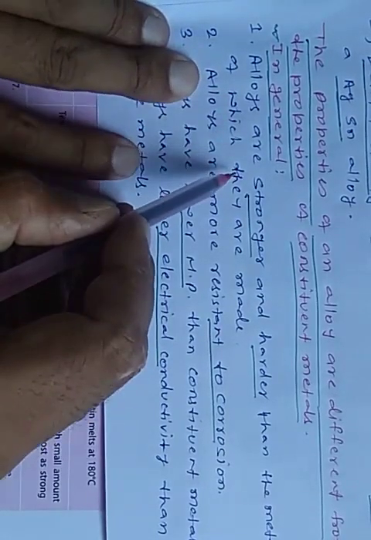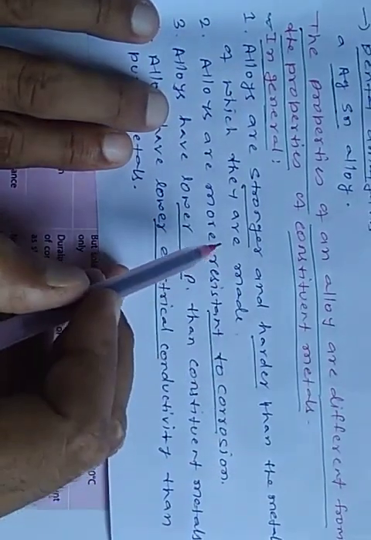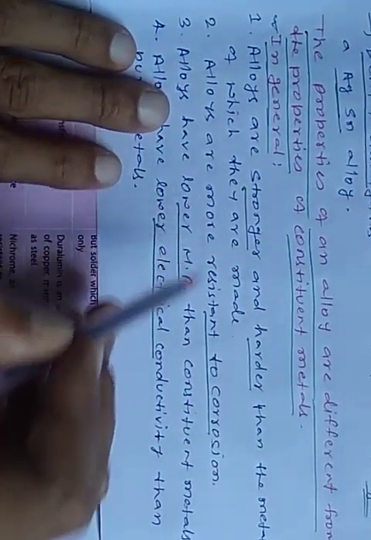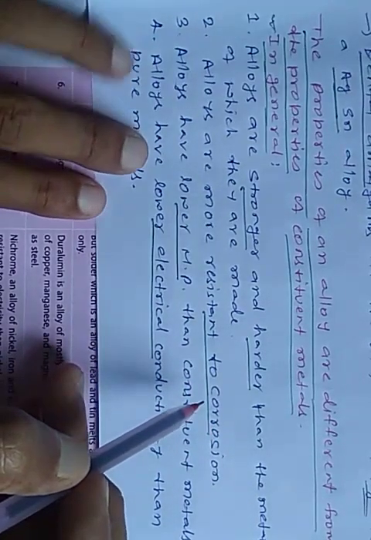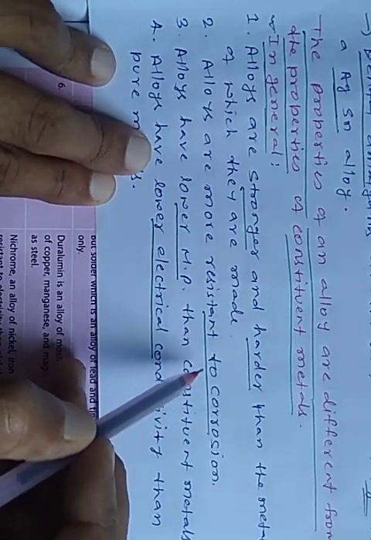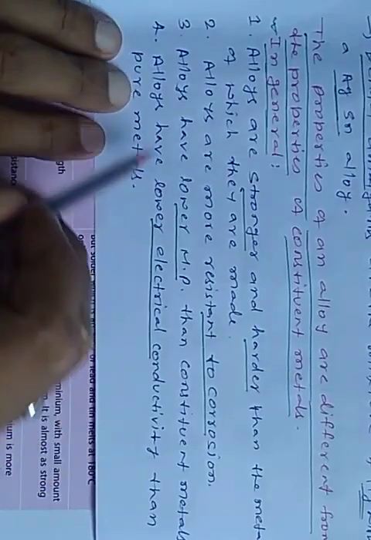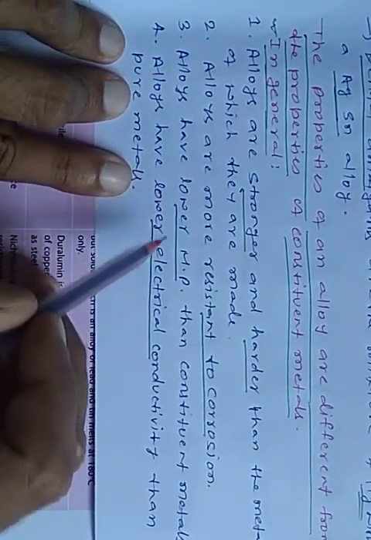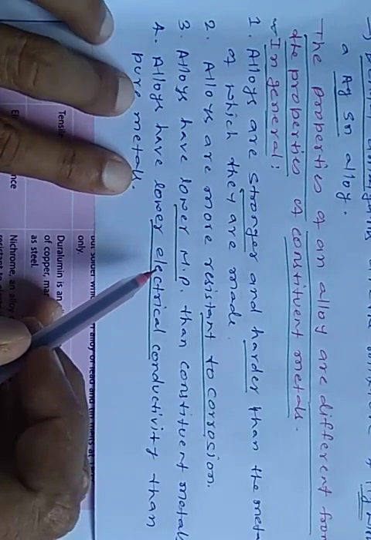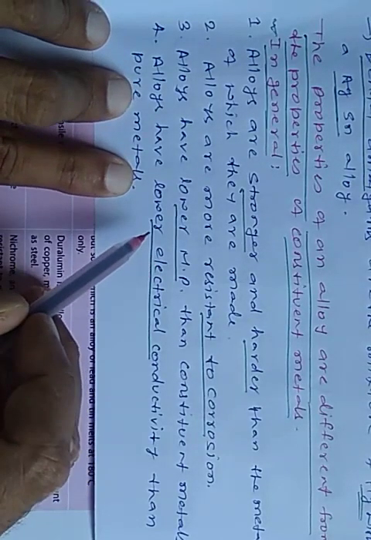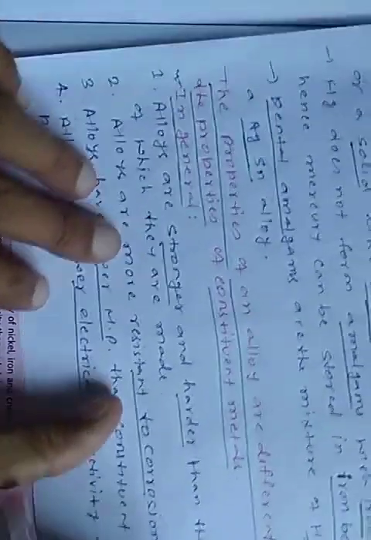Generally alloys are stronger and harder than their constituent metals. Alloys are more resistant to corrosion, but some constituent metals such as iron are susceptible to corrosion. Alloys have lower melting points than their constituent metals. Alloys have lower electrical conductivity than pure metals.